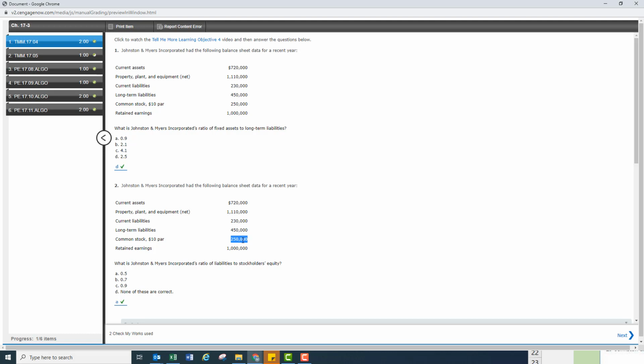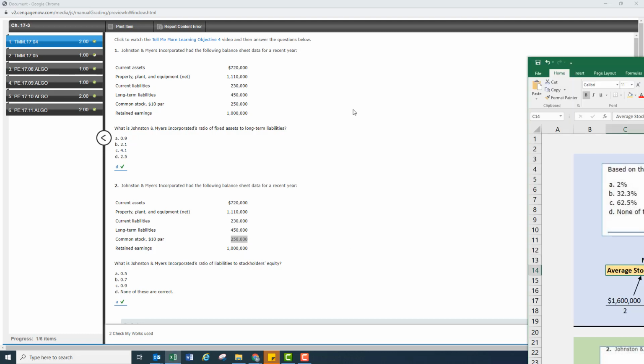It becomes part of stockholders' equity. So the individuals would have a share of the company, and hence stockholders' or shareholders' equity, 250,000, as well as the retained earnings of the business. These two combined equals stockholders' equity.